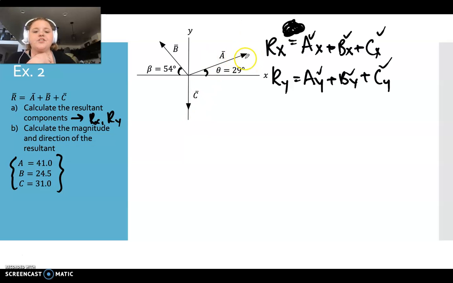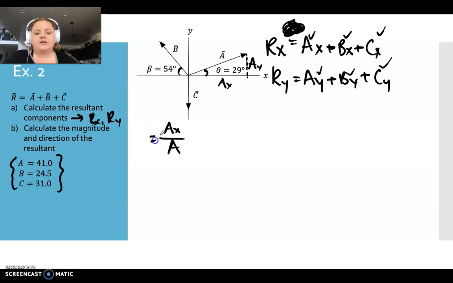Okay, so let's look at this first one. Let's look at A. We want to figure out what AX is and AY. So this is AY, this would be AX. So we would use trig again. We want to know AX first, so I'm going to say adjacent over hypotenuse A, and that's what this value is.